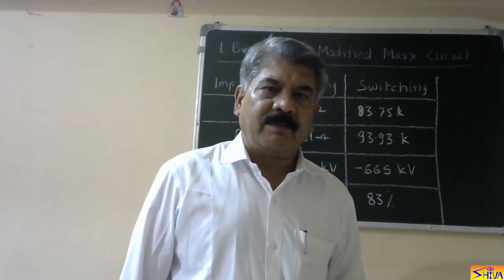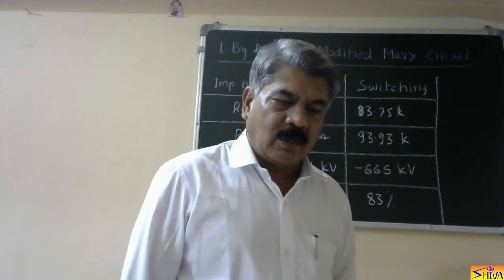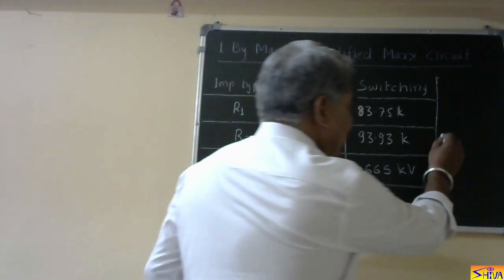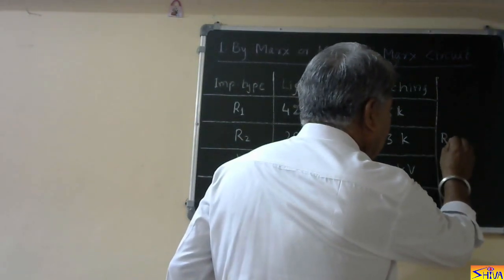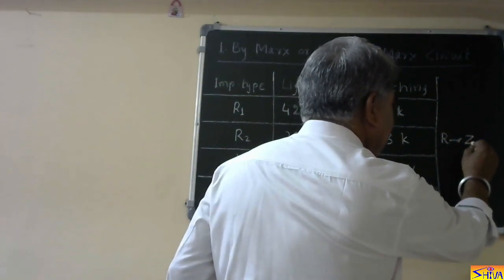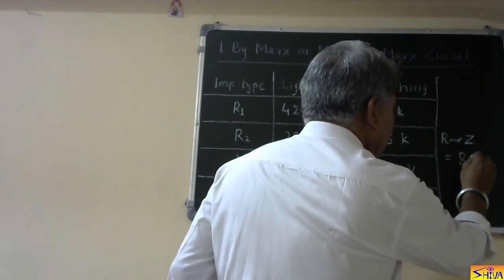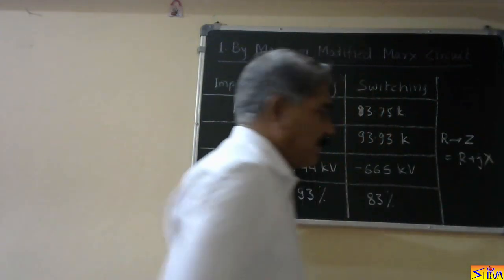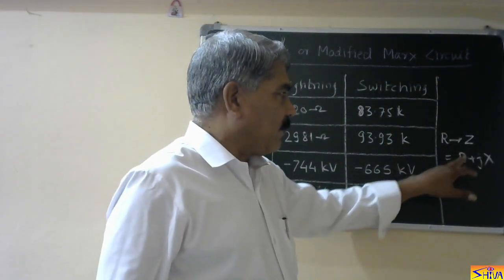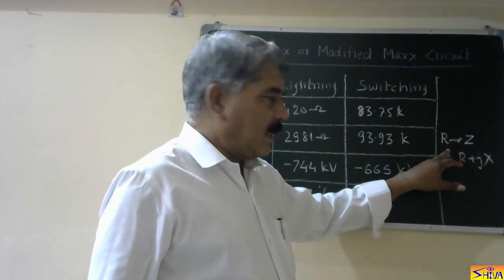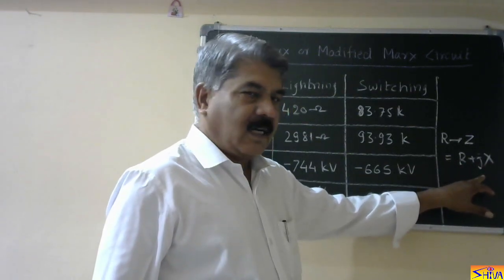Now how to overcome this effect? To overcome this effect, we can replace R1 or all the values of R by Z, that will be equal to R plus jX. That means R1 will be replaced by Z1. Magnitude wise it will be the same, but it will consist of resistance and reactance.